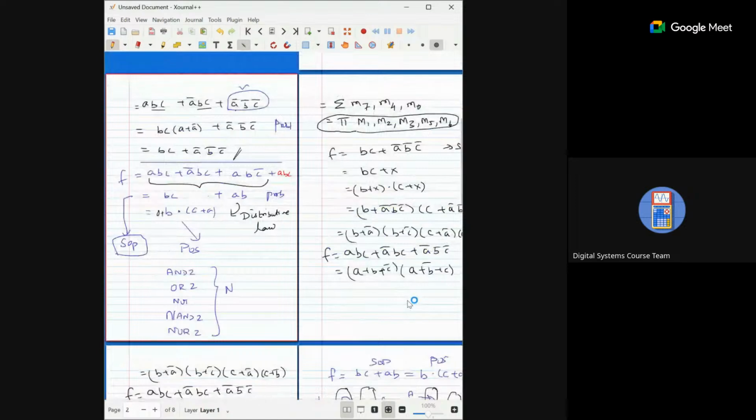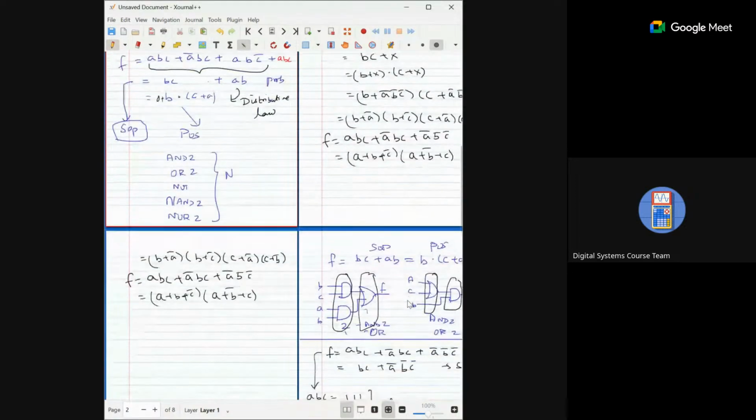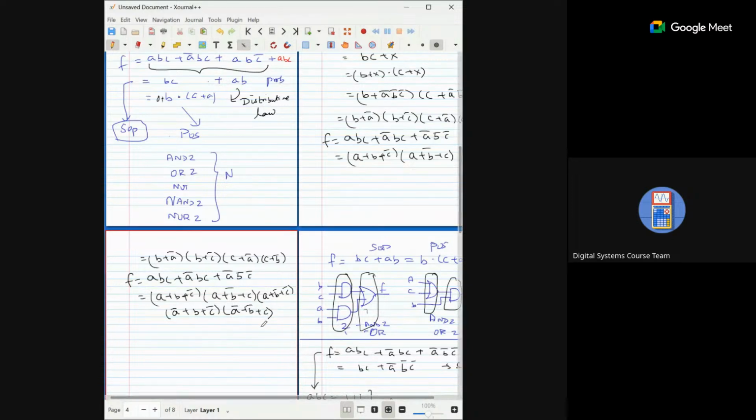What are the terms? 1, 2, 3, 5, 6. So 1, 2 is written. 3, 5, and 6 can be written as well. Is it right?